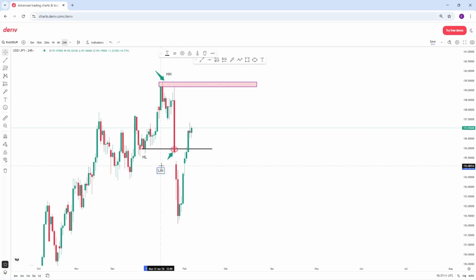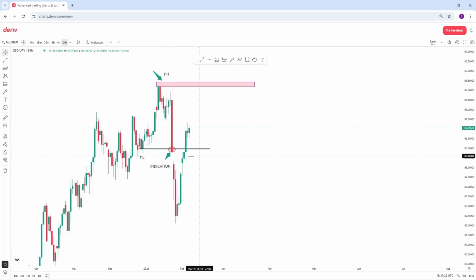I can show you how it's done. This is an indication, right guys? So after this indication to the downside, someone would have used this low. You can see the market created another low here.